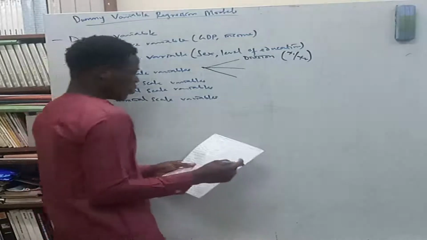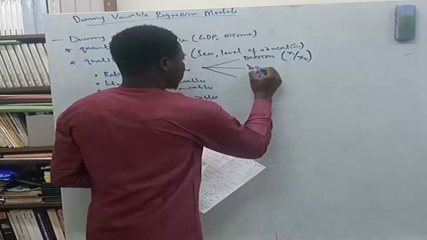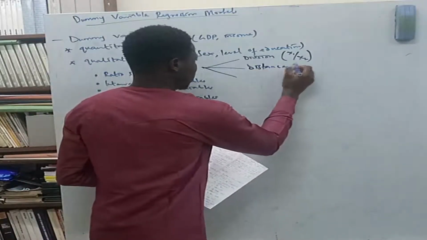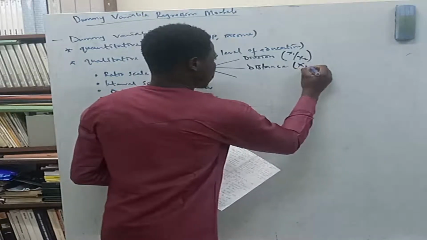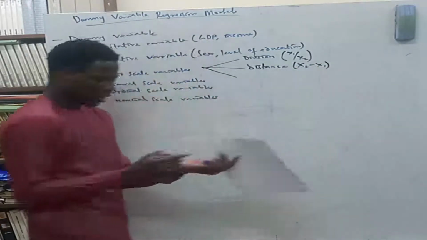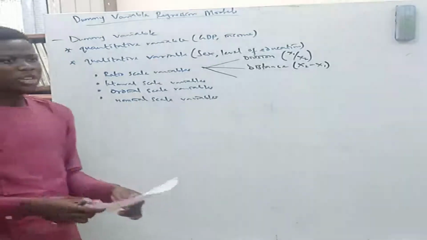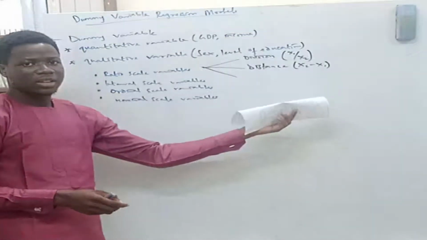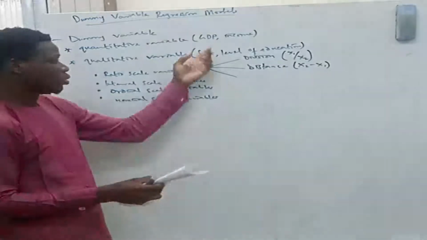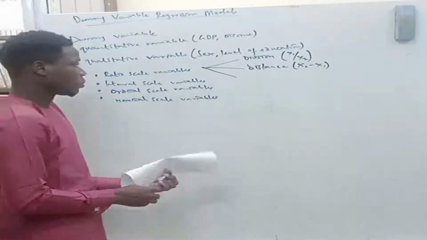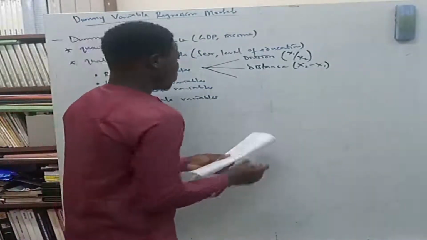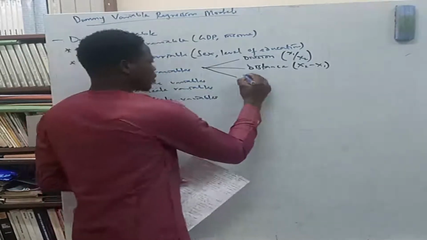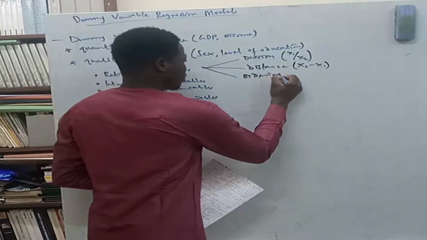Then you also talk about distance, let's say x2 minus x1. You say, what is the difference between the GDP of 2020 and 2019? When you want to calculate your growth rate, you subtract, so distance also makes sense. Then another thing is ordering.